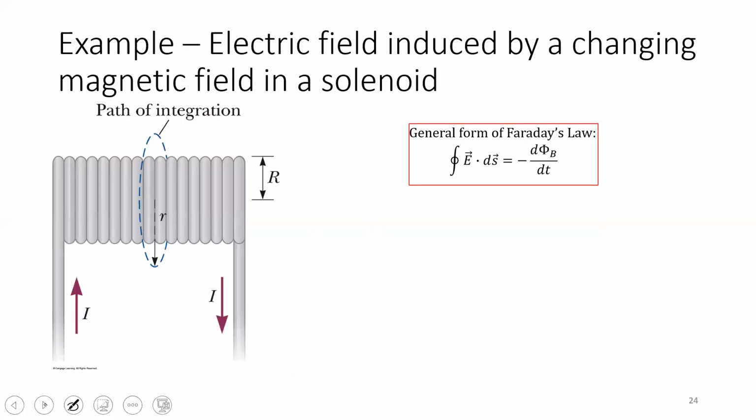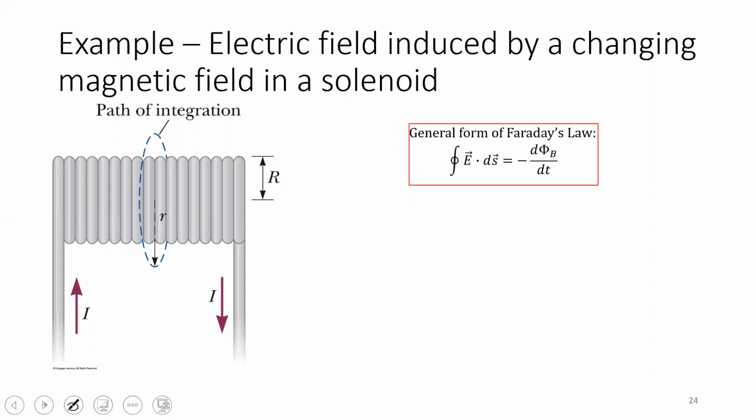Okay, so you have an example in your book as well that's the electric field induced by the changing magnetic field in a solenoid. So in this example, you are given that your solenoid has an alternating current. So the current changes from some maximum to a minimum value, and the current's actually a sinusoidal function, right?